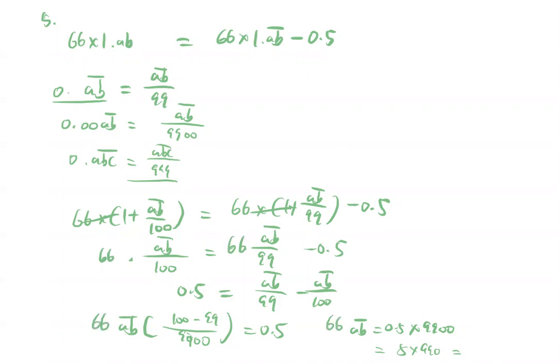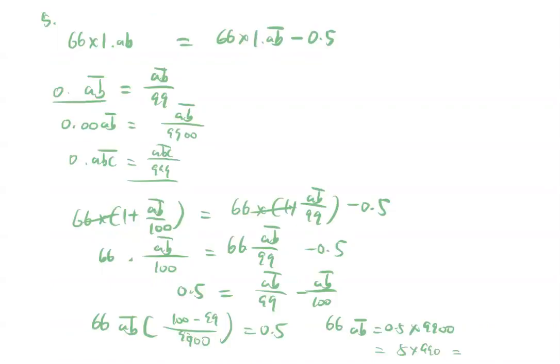So we have 66AB equals 5 times 990. And we get this equation, and obviously divide by 33. So this will be 75, and A equals 7, B equals 5.